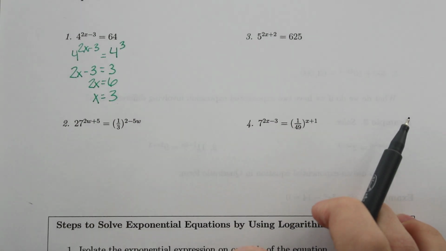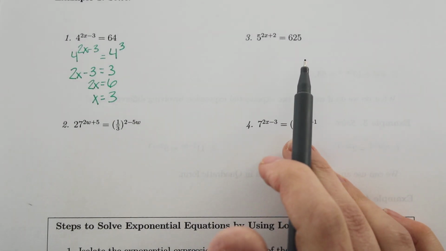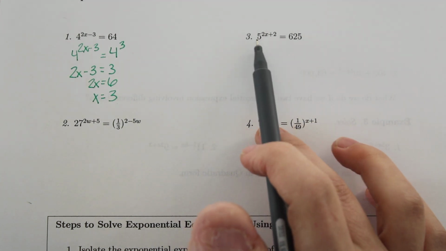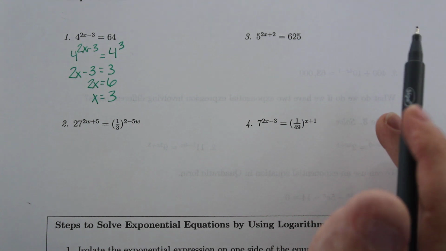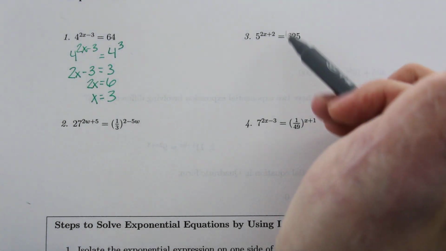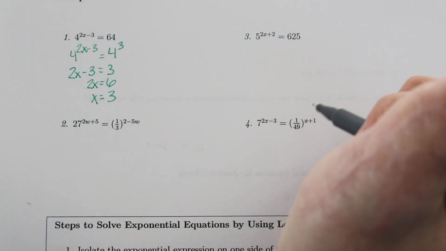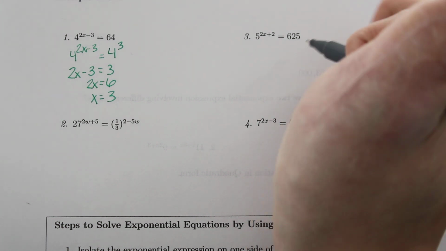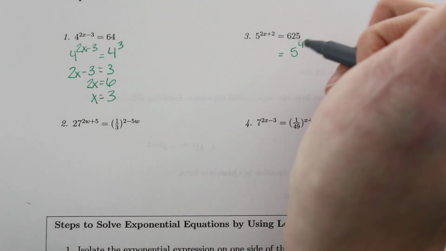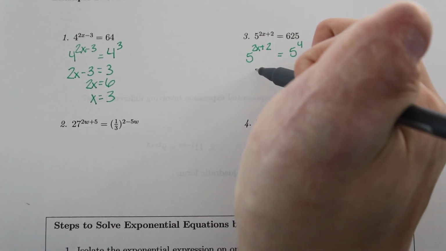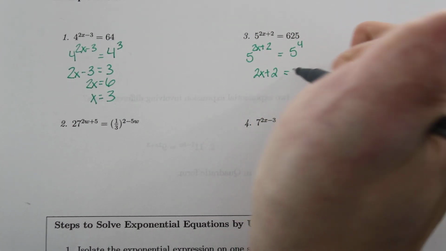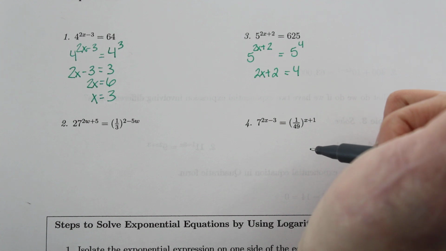Let's go over to 3 since it's the same setup. We have 5 to the 2x plus 2 is equal to 625. Remember, we can rewrite 625 as 5 to some power. In fact, it's 5 to the 4th power. So we have 2x plus 2 equal to 4.